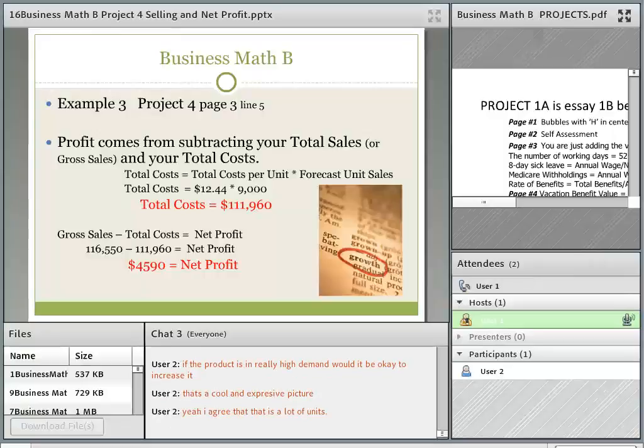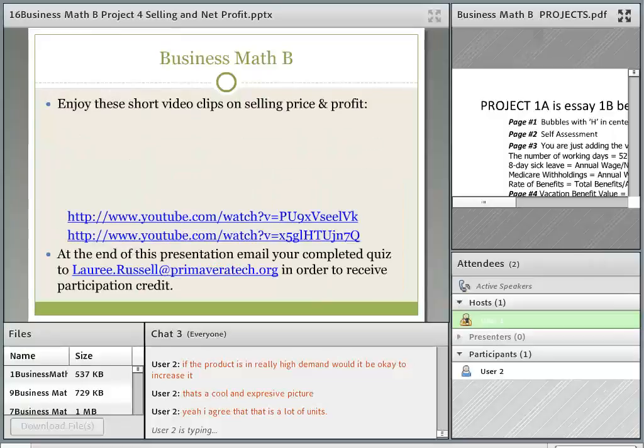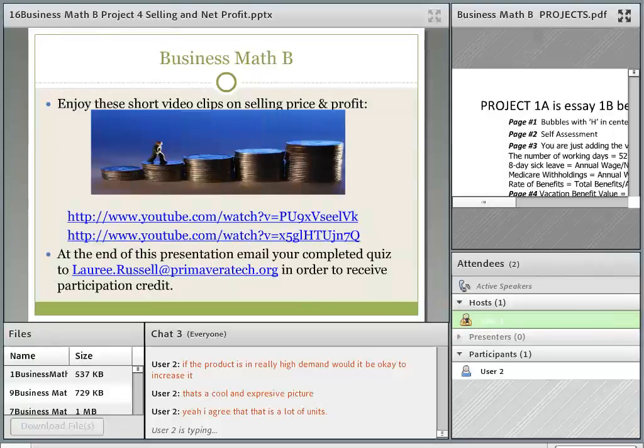Okay, those are your 3 examples from your project. I don't want you to forget about these video clips. When you open up your links in your announcement, the announcement is titled Participation Requirements.